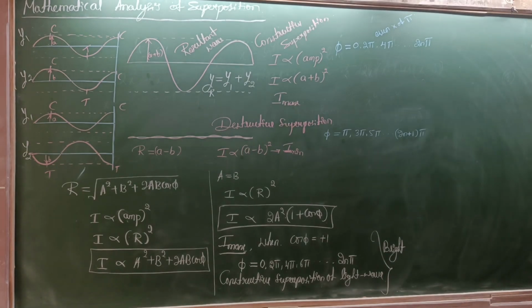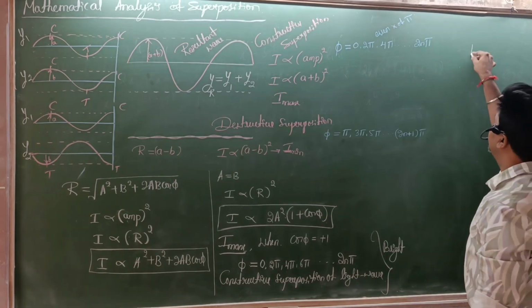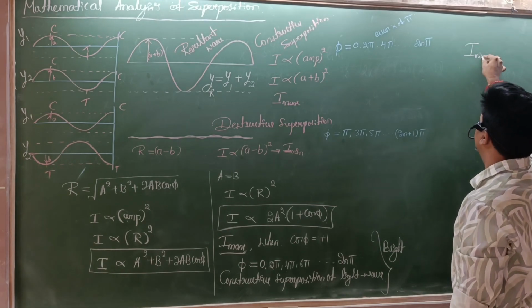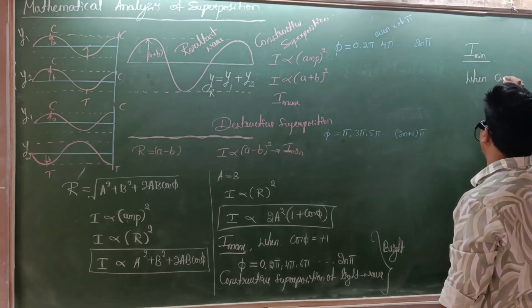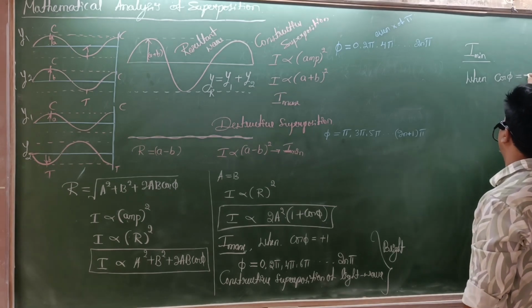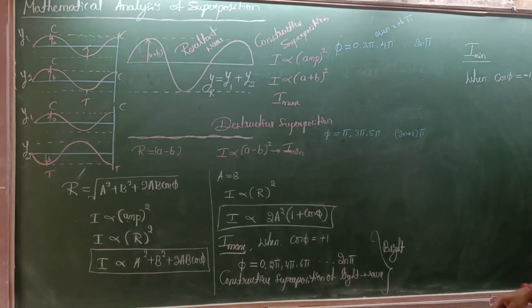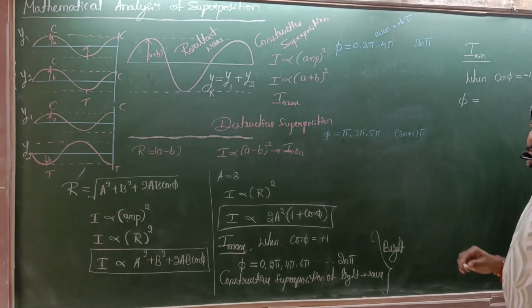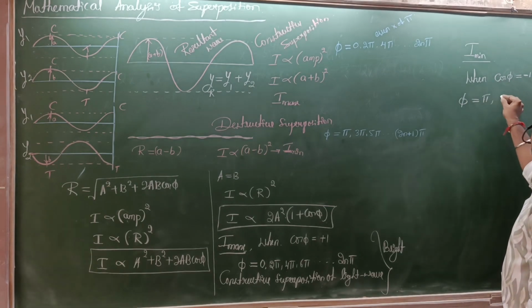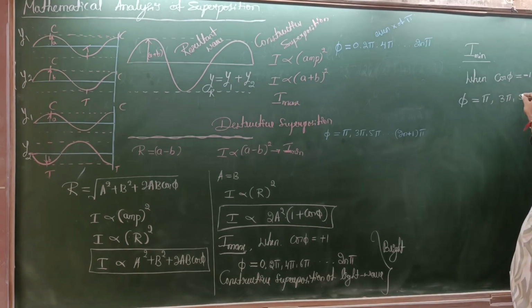Next, the intensity is minimum when the value of cos φ must be equal to minus 1. What should be the value of φ? π, 3π, 5π and so on, that is (2n plus 1)π.